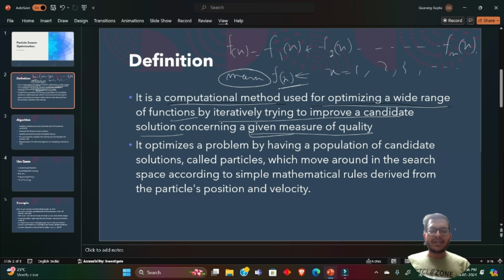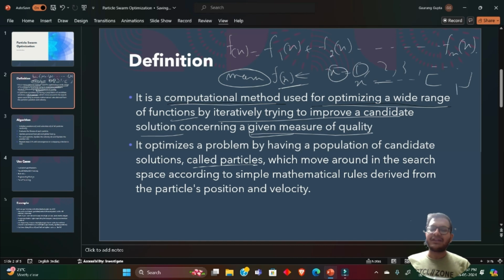Now, it optimizes a problem by having a population of candidate solutions. See, I have taken here only one solution at one time. What this will do is take multiple solutions. Let's suppose it took 10 solutions, or 10 values of x, at the same time, which it will be calling particles, which will move around in the search space.